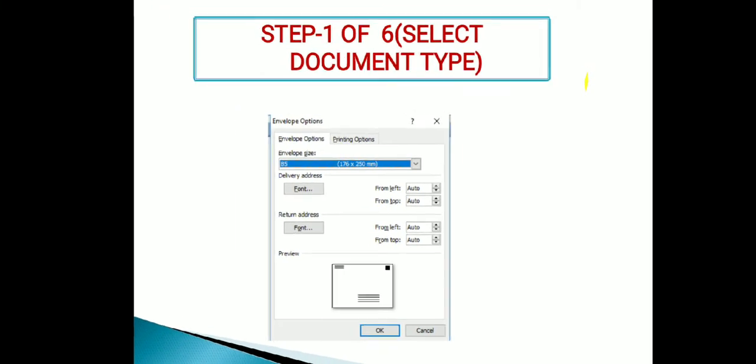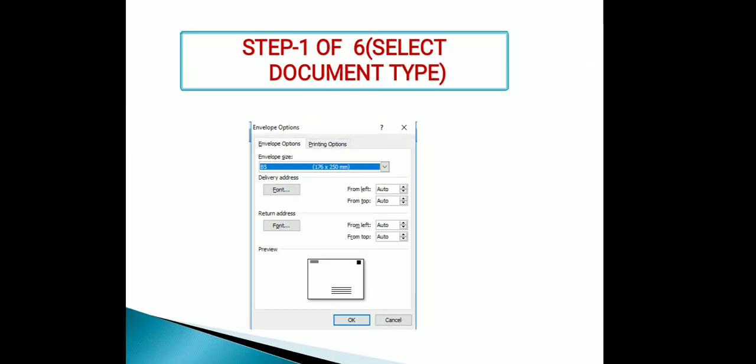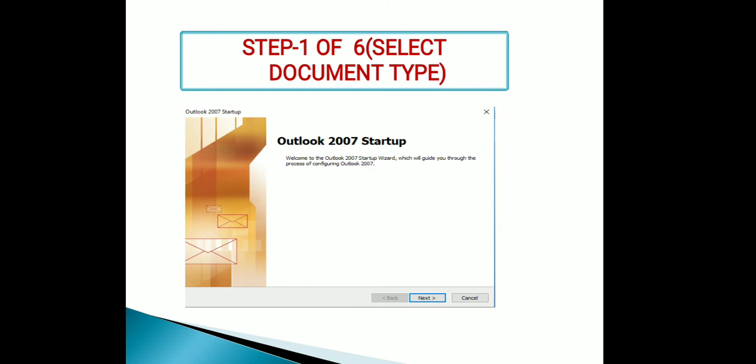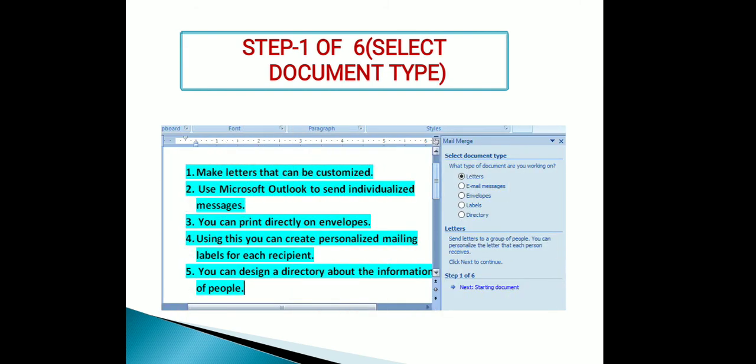So now you are able to set the envelope, and you can print directly on the envelope. If you have a printer installed in your system, you can simply print directly on the envelopes.